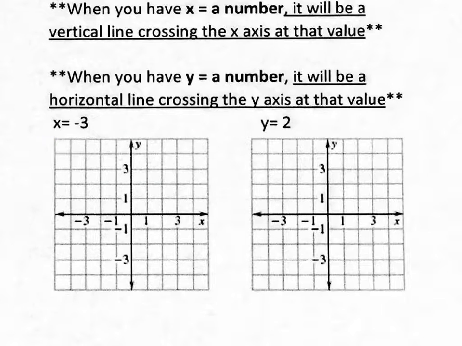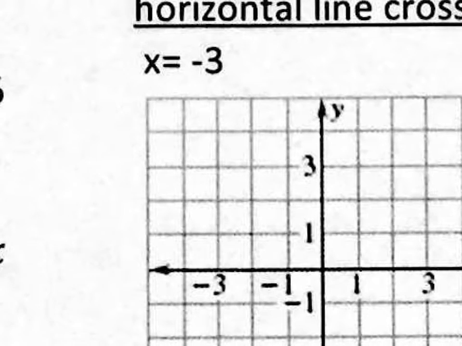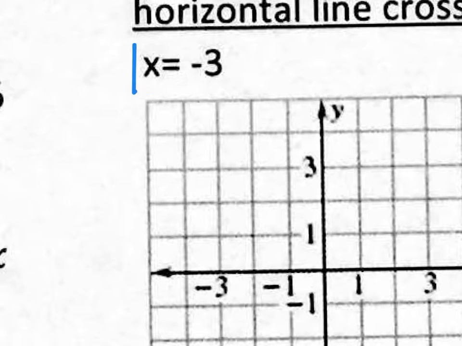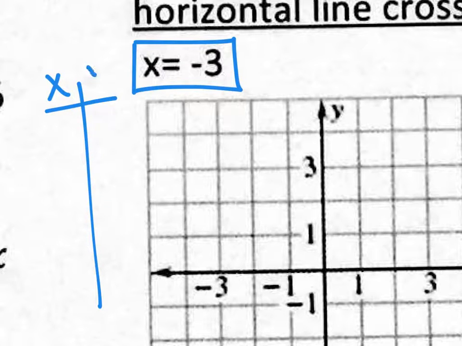So what you need to do is recognize that the only thing that matters right here is that your x value is -3. So when you go to an xy table, could we plug in a 0, a 1, and a 2?